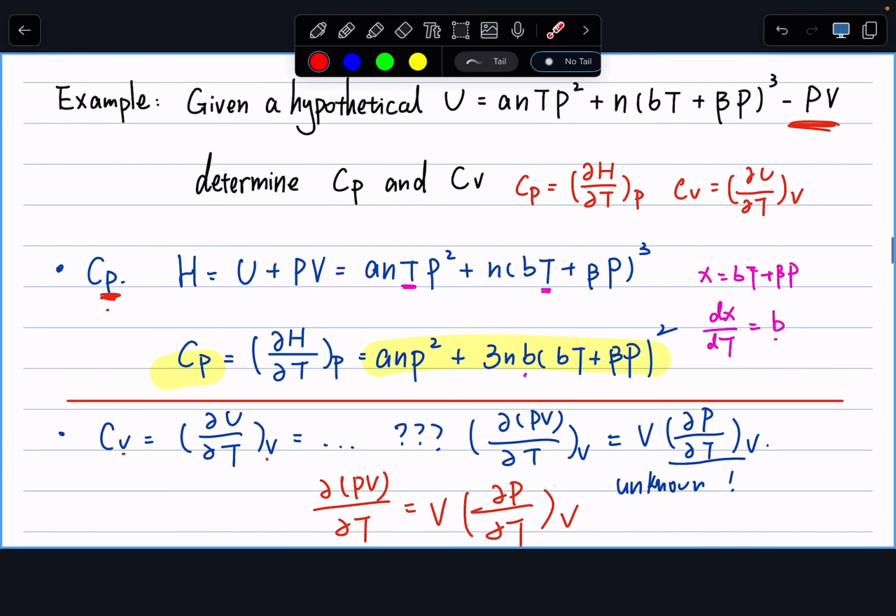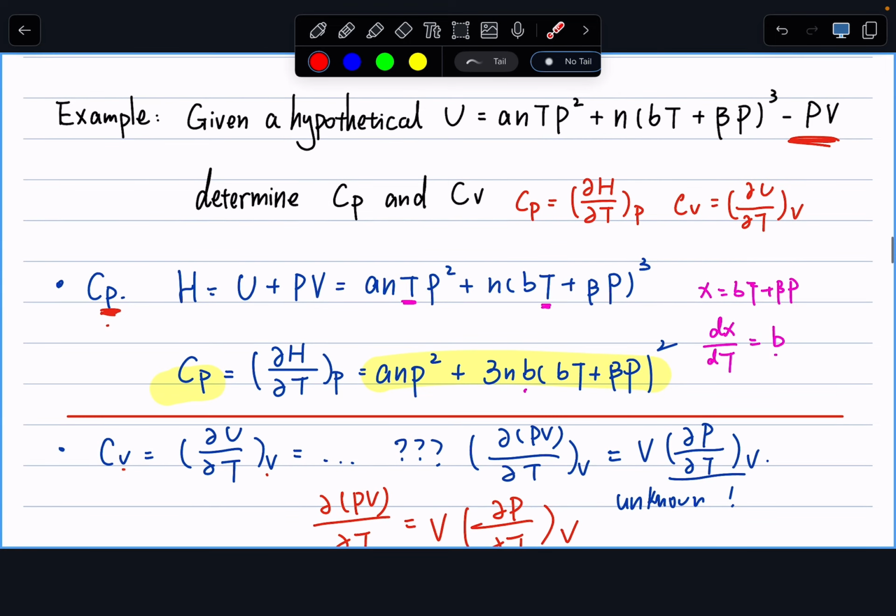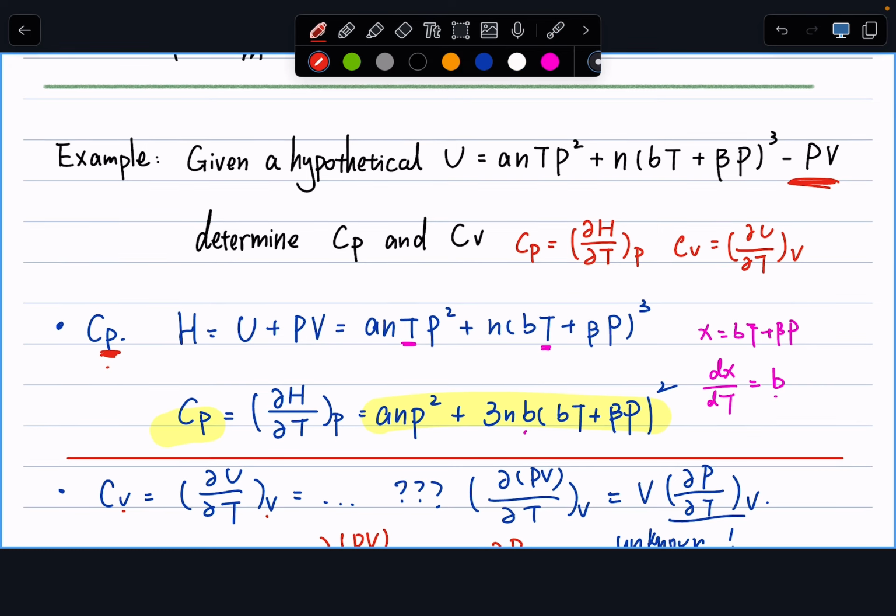Well, yes and no. That's also true, right? I'm just using this last term as an example to say this is not solvable because at least one of them is not solvable. Other terms might also not be solvable. But in this case, if I give you one more thing, like say this is an ideal gas, then we have enough information to solve for the specific heat.